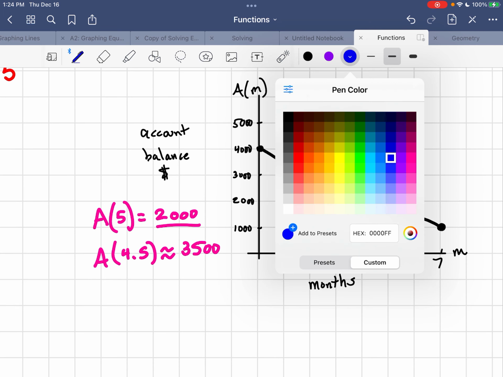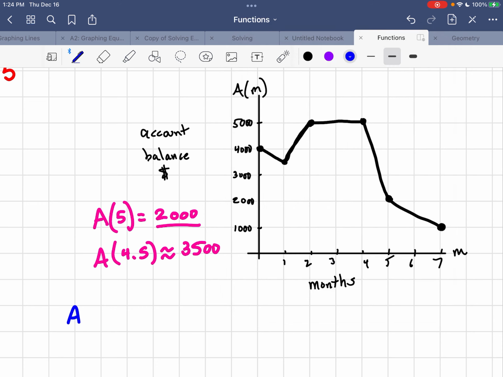Now, if I wanted to change that, if I said, okay, tell me the m value for the following situation. When is, or what months is there a balance of $4,000? So to me, what I like doing there is I like to draw a horizontal line.